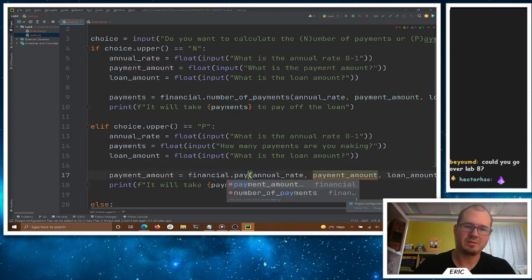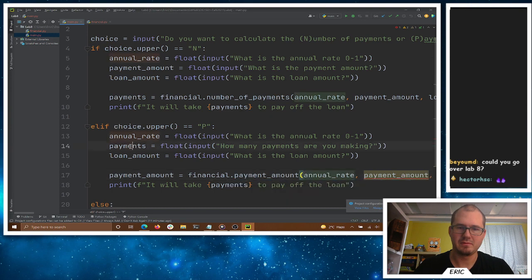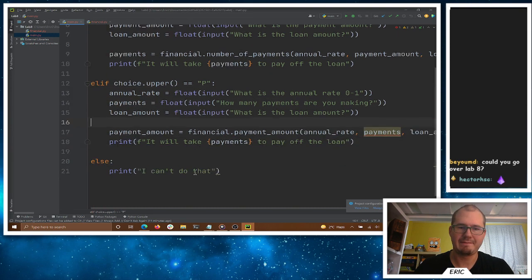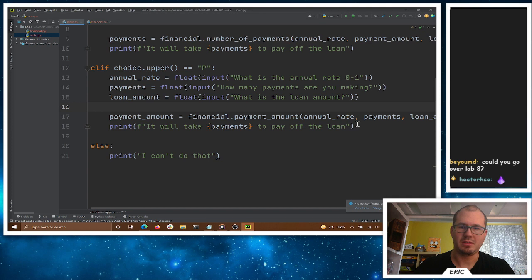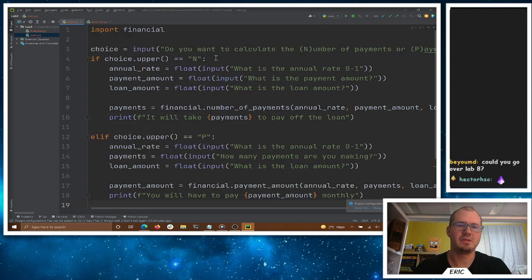Given the payment amount, given the number of payments, you will have to pay the payment amount monthly. All right, let's try it. See if it works. So give it a run.